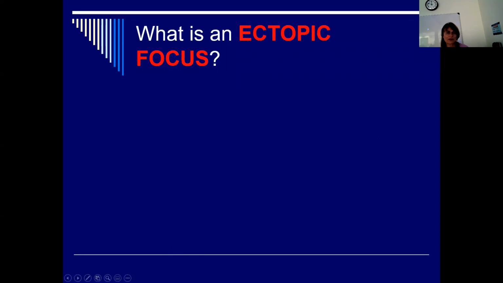What is an ectopic focus? You know a little bit about an ectopic focus, right? So an ectopic focus is an area in the heart other than normal that initiates an impulse. Got that?